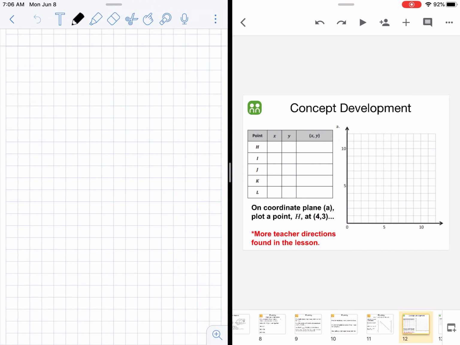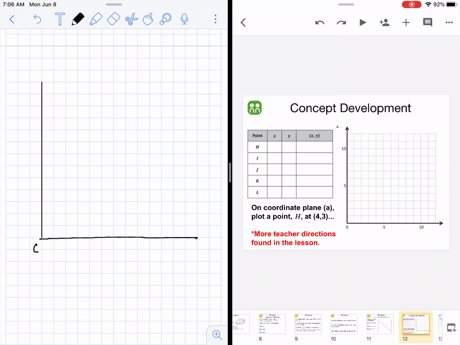So we have our x-axis, and we have our y-axis. It's hard to draw a straight line with this pen. There we go. Our x-axis is labeled with 0, 5, and 10.